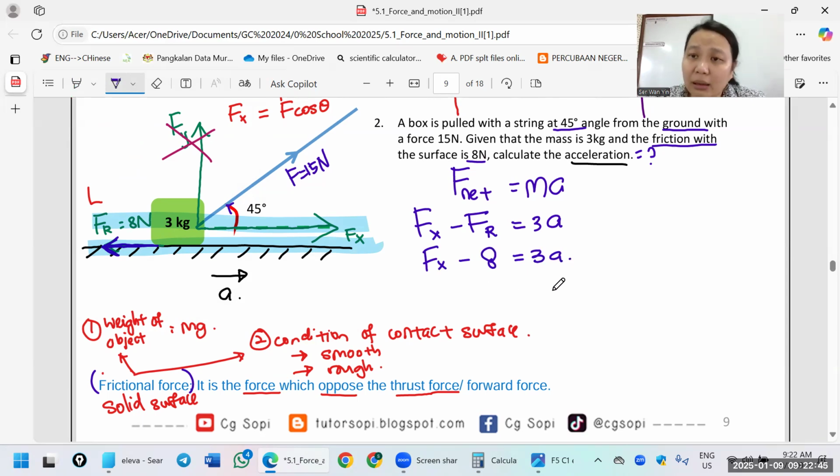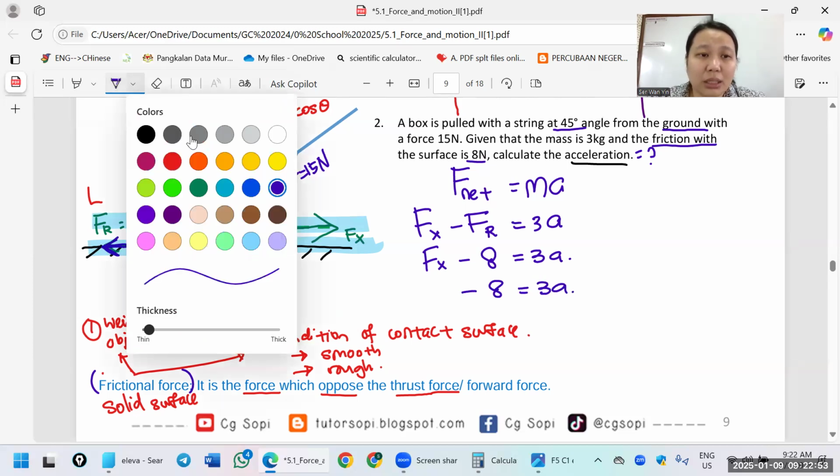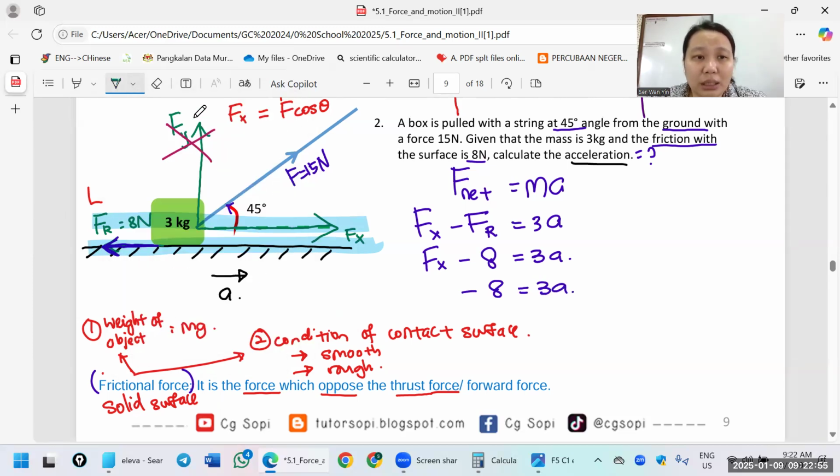So now how to get Fx? Even though we don't use Fy, we can still move it here to form a triangle. Yes, triangle.